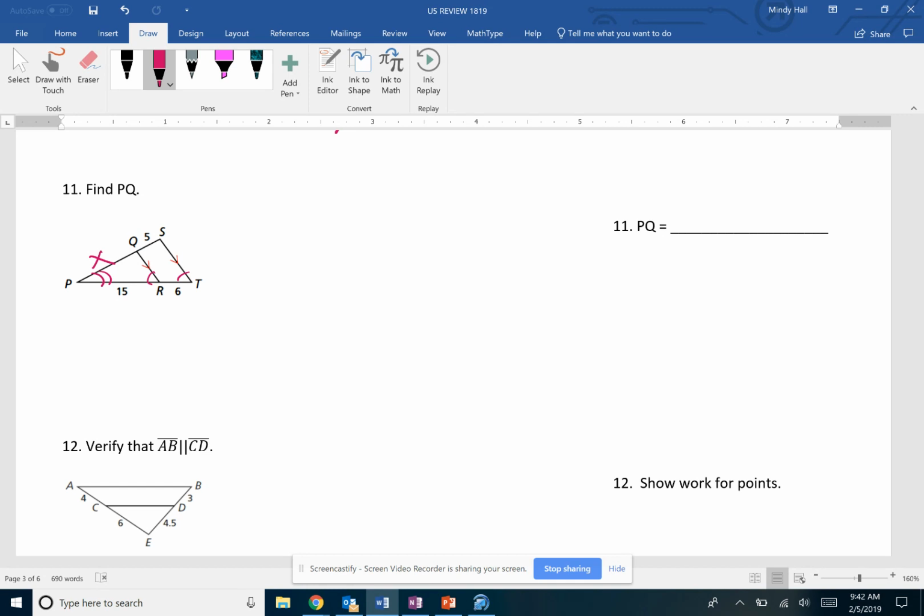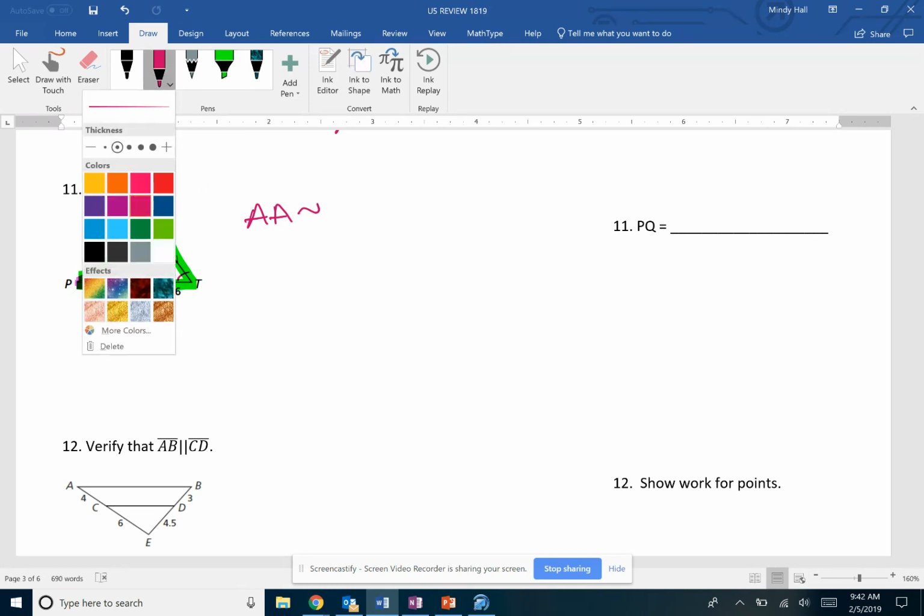So we know that this is similar again because of AA similarity. But when you set up your proportion, remember it's this little triangle to the big triangle. I know that made it kind of ugly, I'm sorry. But make sure that you understand what triangles they are actually talking about.